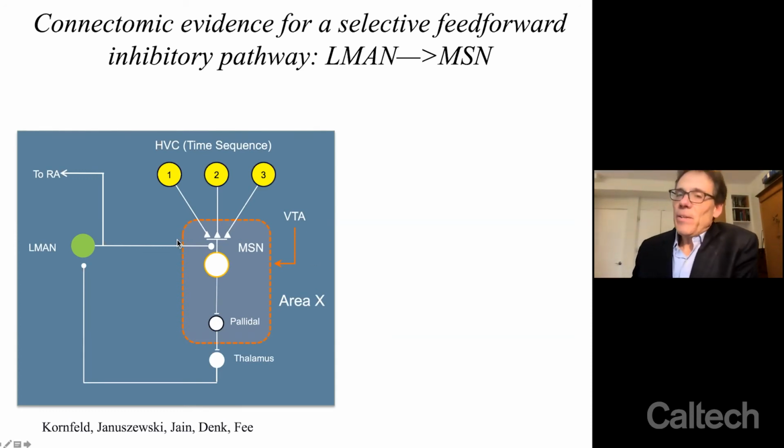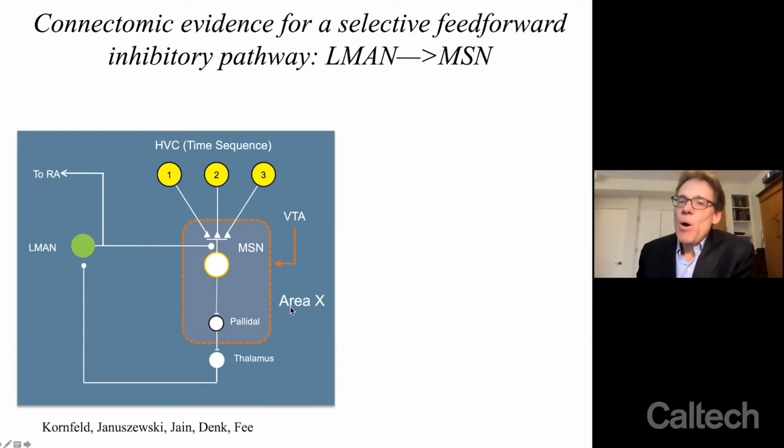It's clear from this model that LMAN inputs need to depolarize MSN dendrites to gate learning, but they can't allow the MSN neuron to spike because this would inappropriately reinforce LMAN activity in a way that's independent of the learning process.